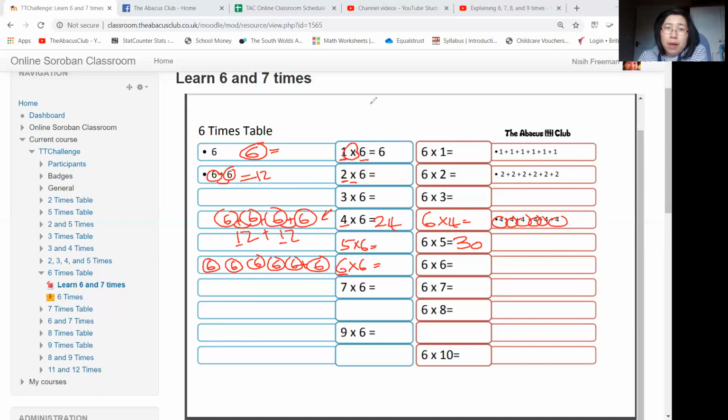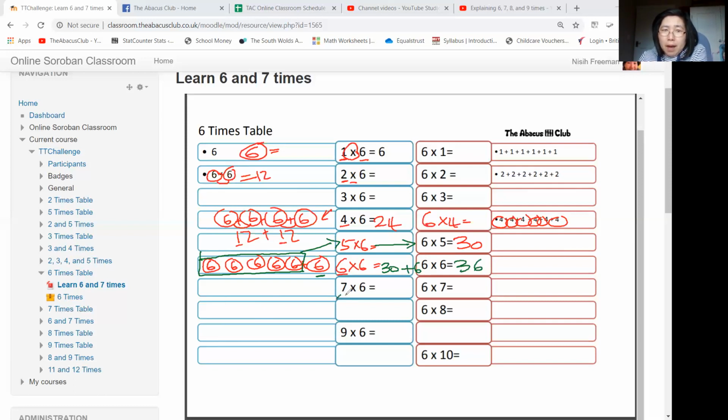Now, we know that 5 bags of 6 is the same as 30, isn't it? 5 times 6 is the same as 6 times 5, which equals 30. Plus 1 bag of 6 is 6, and the answer is 36.